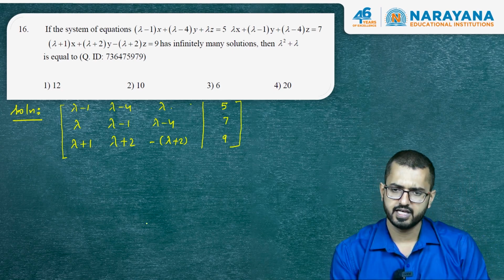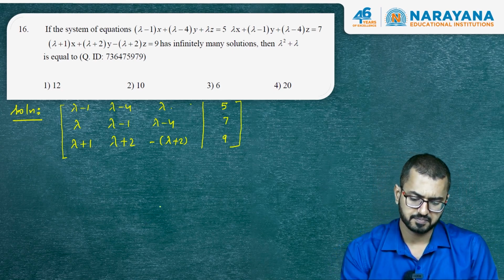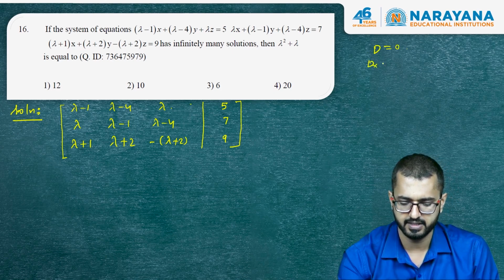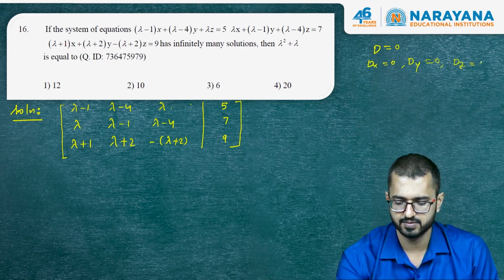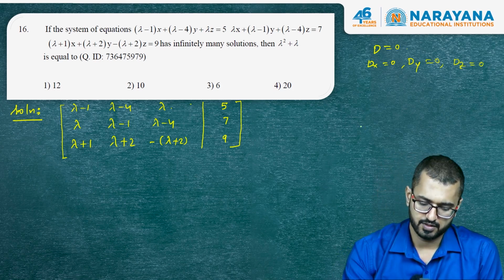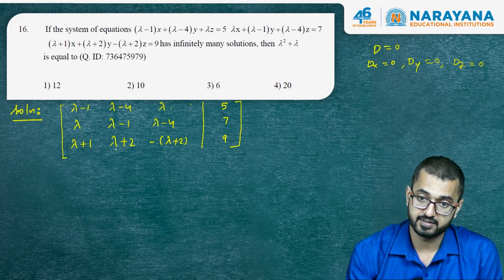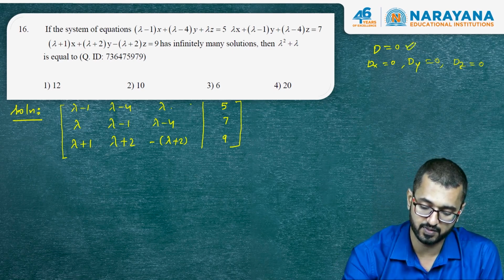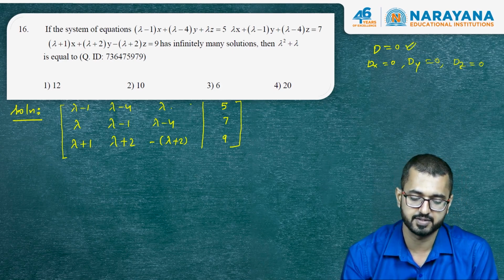So it has got infinitely many solutions. That means what we can do is, here d is going to be 0, and dx is also 0, dy is also 0, and dz is also 0, since this system has infinitely many solutions. Now if you see here, everywhere it's lambda given. That means first of all our d should be equal to 0 and dx, dy, dz must be 0.